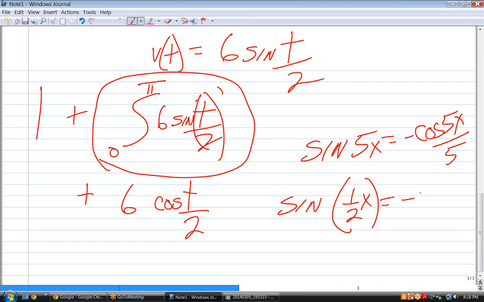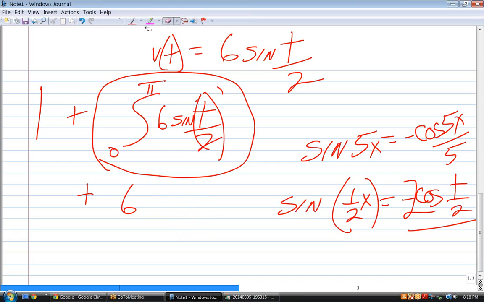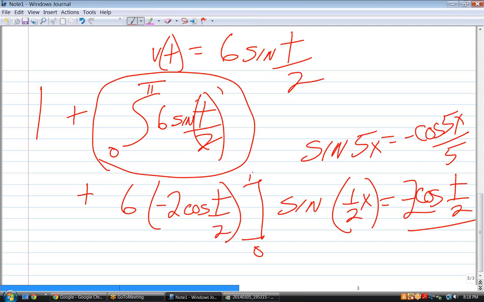So it's going to be minus cosine of t over 2 divided by 1/2, or multiplied by 2. So it is minus 2 cosine of t over 2, evaluated from 0 to pi.